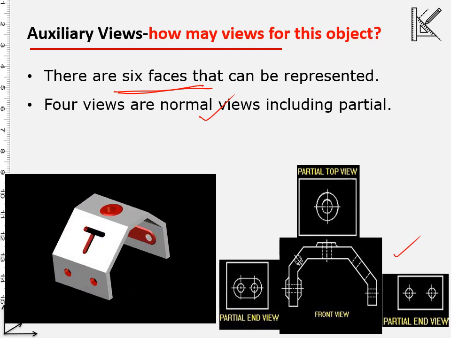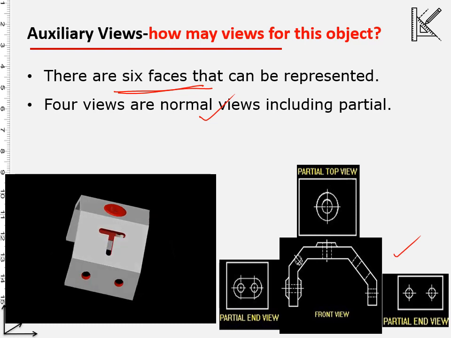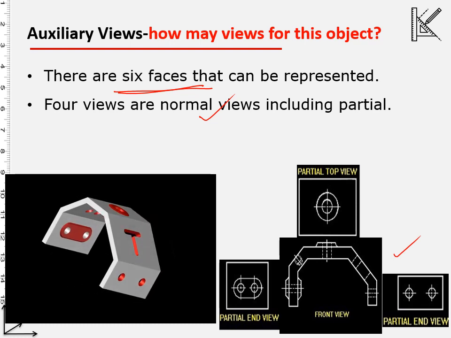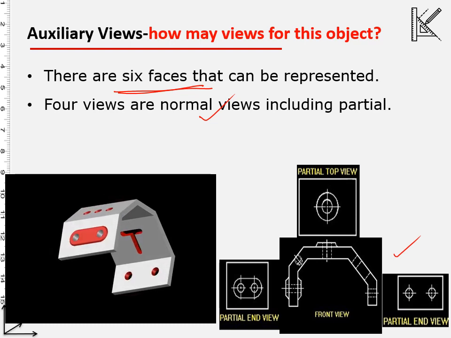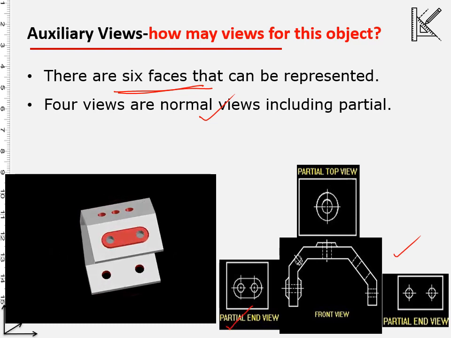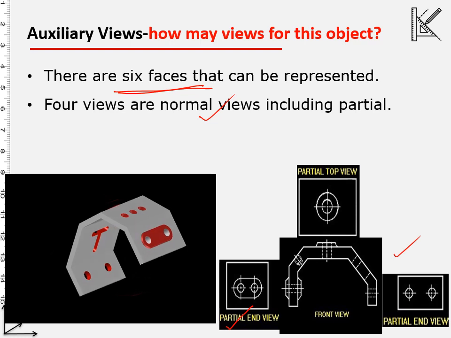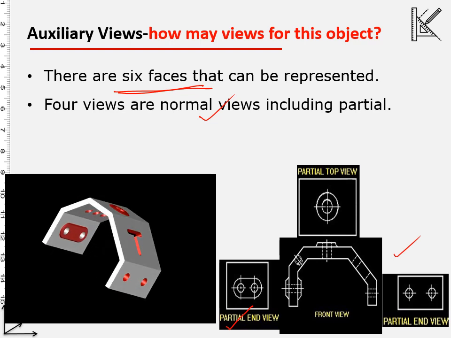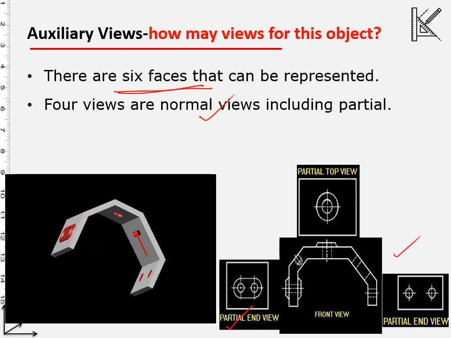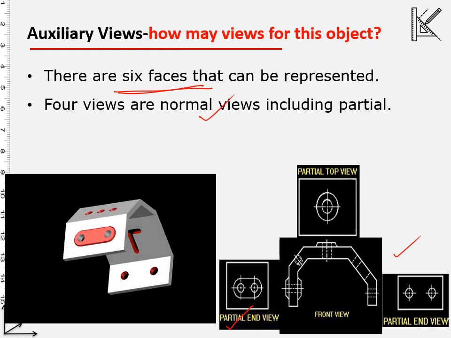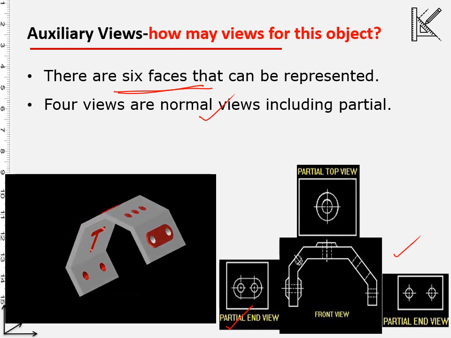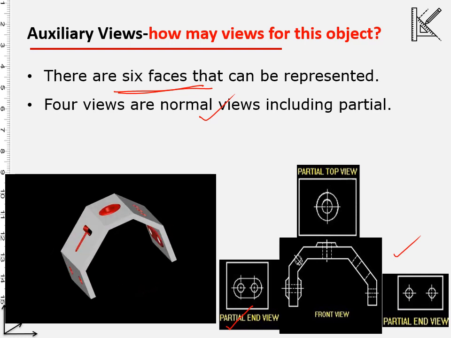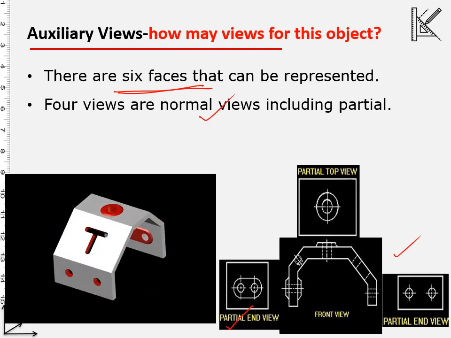You will notice that still the object is not fully represented, because some parts of the object are not covered. We are using a term here, partial end view or partial profile view. Why are we using this? Because if I take the profile view of the complete object, part of the object will be foreshortened while part of it is coming as the normal view.